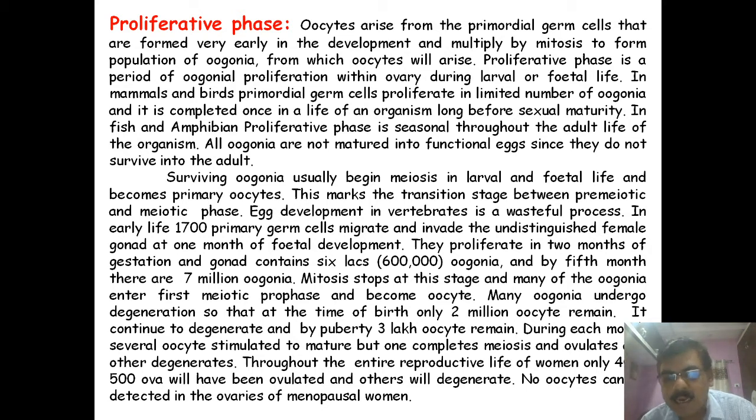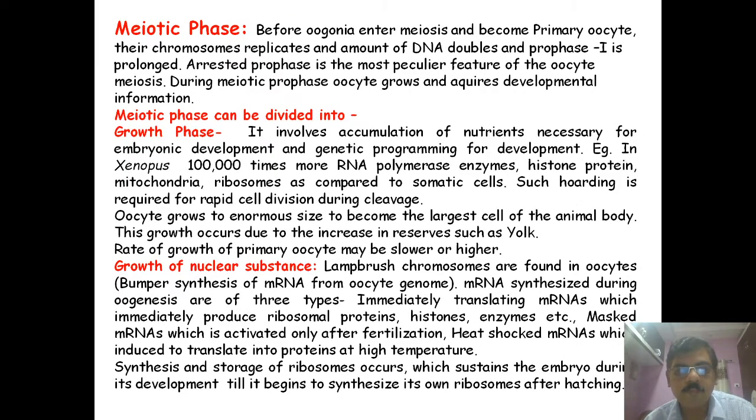Throughout the entire reproductive life of a woman, only 400 to 500 ova will have been ovulated and the others will degenerate. At the time of menopause, no oocytes can be detected in the ovary of the woman.